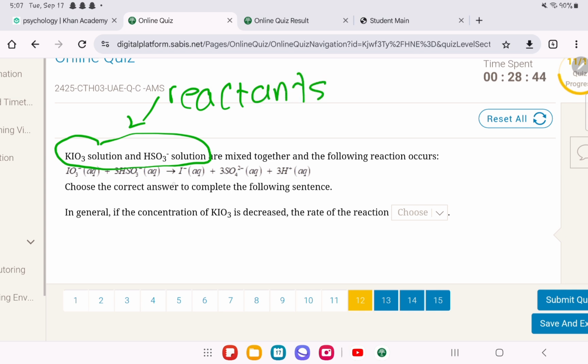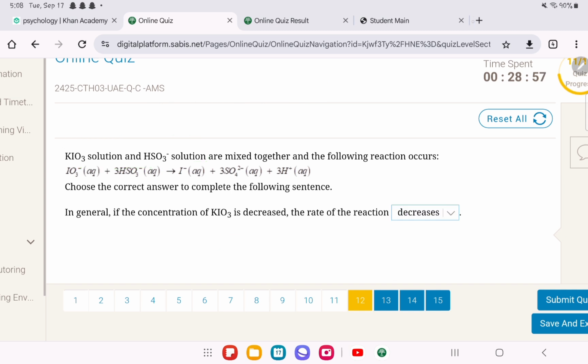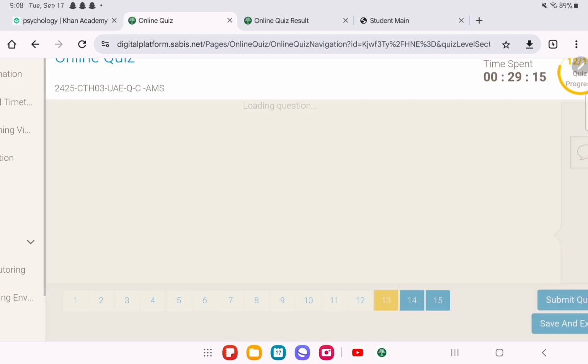If the concentration of KIO3 decreased, so probably KIO3 is the limiting reactant, and definitely if you decrease the concentration of any of the reactants, then the rate of reaction is going to decrease. What does it mean, concentration? It means the quantity, how much there is of something. So if you decreased how much there is of KIO3, definitely there will be less collisions, so the rate of the reaction will decrease.